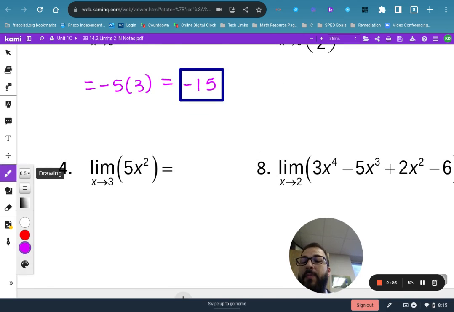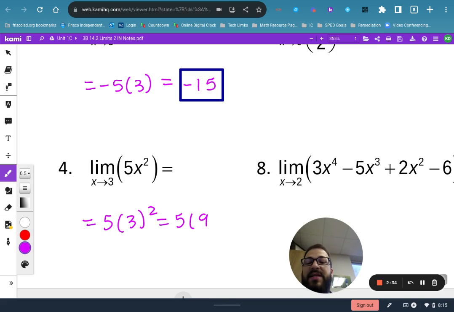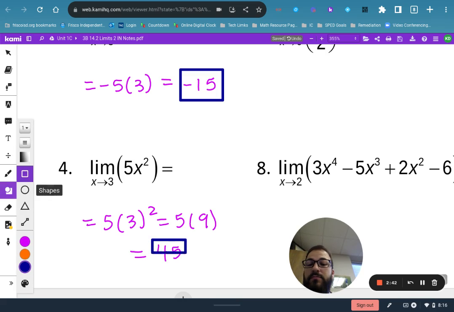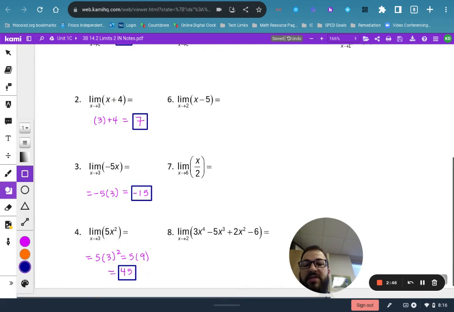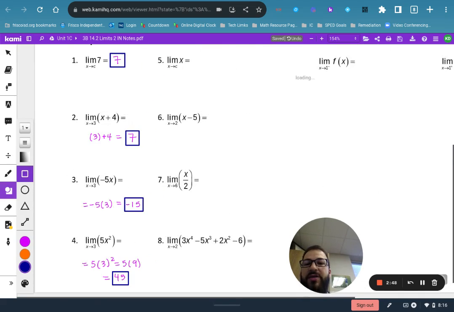So once again, I'm going to plug in that x value, so 5 parentheses 3 squared, which is equal to 5 times 9, which is equal to 45. Okay, so relatively straightforward. I'm going to let you go ahead and try 5, 6, 7, and 8 real quick on your own. So go ahead and pause me for right now, and then we'll come back to it here in a second.